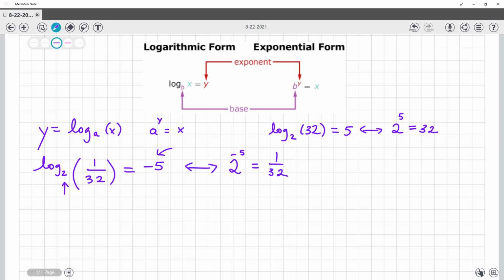Now you could pick your calculator up and put 2 to the negative 5 power, or if you remember how negative exponents work, you write it as 1 over that value, and then you make the exponent positive. Just a way of remembering how to go from a negative exponent to a fraction.